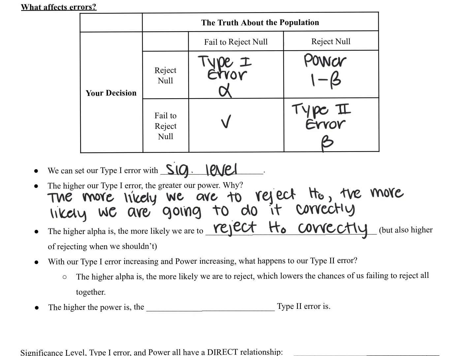It increases our likelihood of a type 1 error. So with the type 1 error increasing and the power increasing, what happens to our type 2 error? The higher alpha is, the more likely we are to reject, which lowers the chances of us failing to reject altogether. So the higher the power, the lower the type 2 error is.